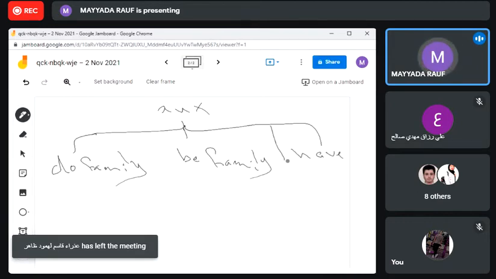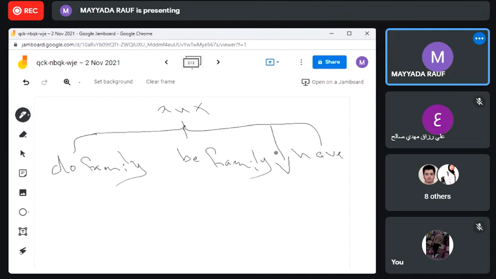In addition to these branches, we have an additional one, which is a special branch. We call it the modal auxiliary verb.